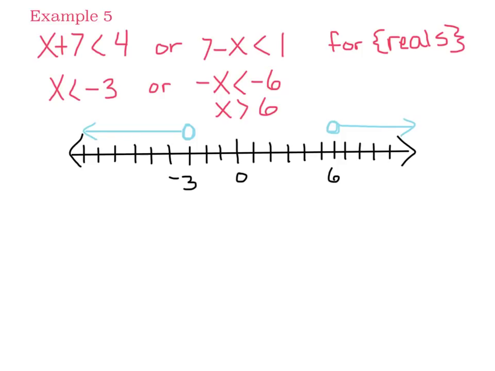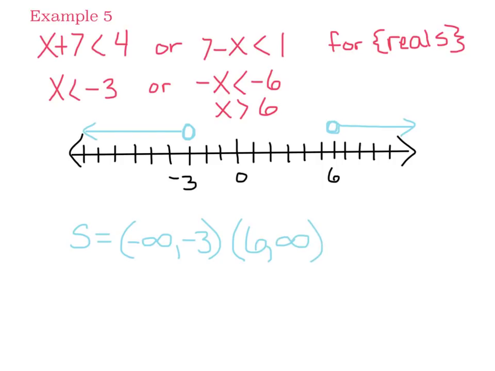And then when we write our solution, you're going to do a soft bracket and negative infinity, and then the right-hand side of this is negative 3. It doesn't touch it, so you put a soft bracket. And then you're going to do another soft bracket, because this is also open, 6, and then infinity on the right there.